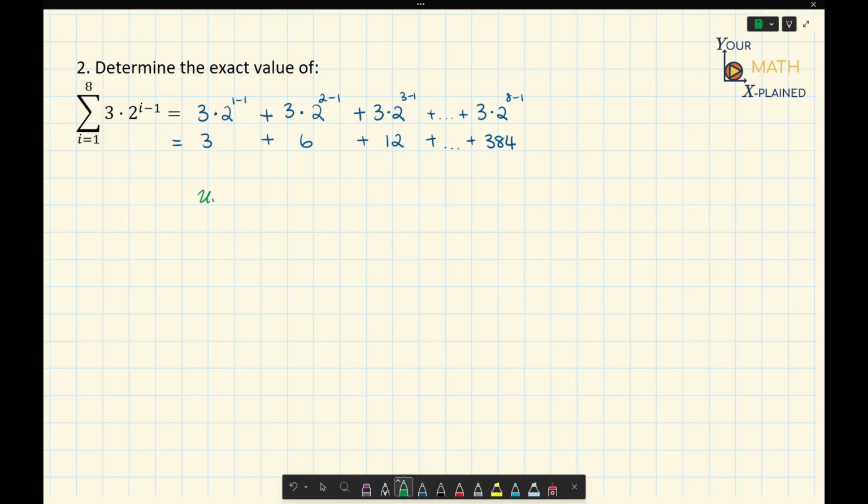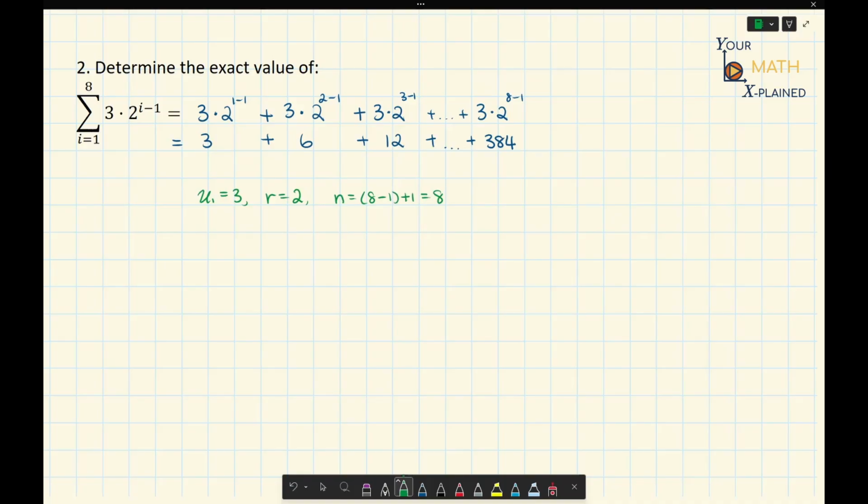So which means to find the sum, we can use our geometric series formula. And we have our u sub 1 is equal to 3. The common ratio r is equal to 2. And n is the number of terms. And here, this is going to be equal to 8 minus 1 plus 1.